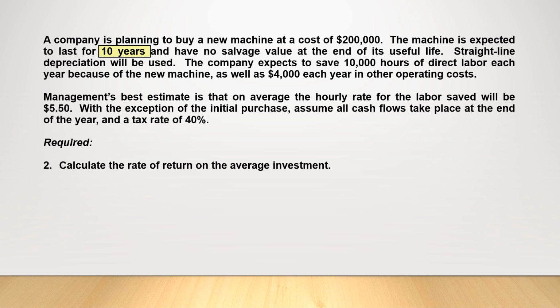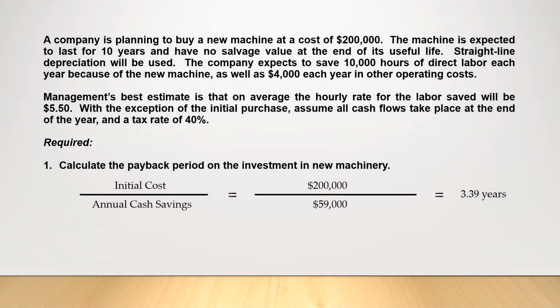As for its net income, remember, this project doesn't generate income so much as it reduces costs. So we need to figure out the total cost reduction per year. We already established our cost reduction in terms of cash savings. This $59,000 is the sum of the reduction in labor and operating cash payments.